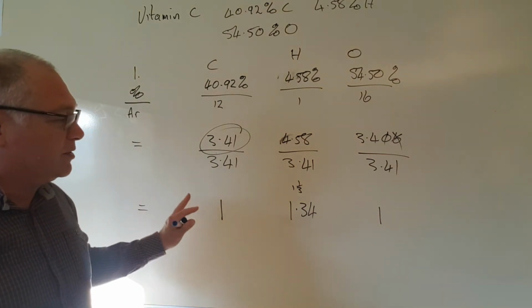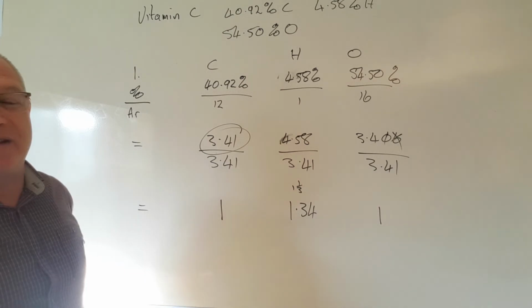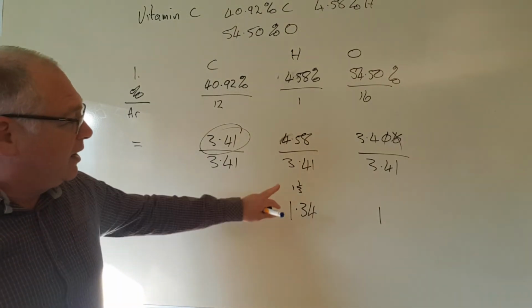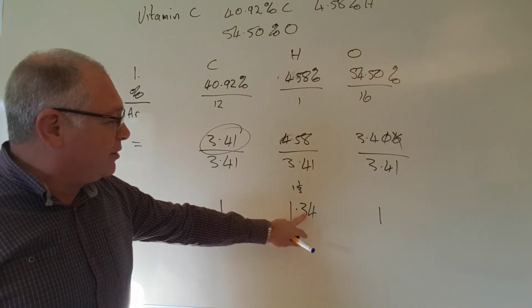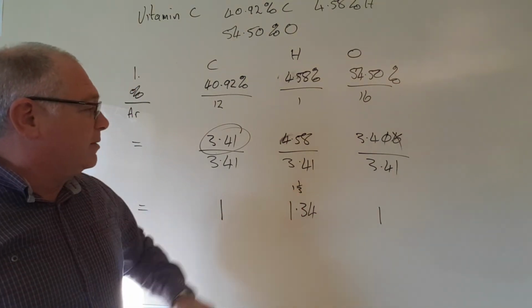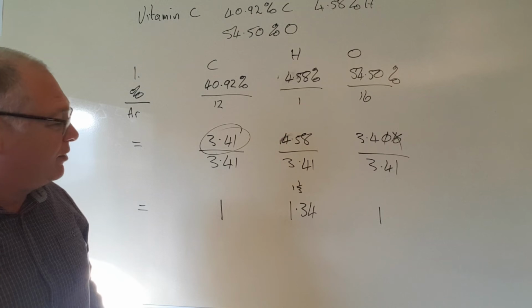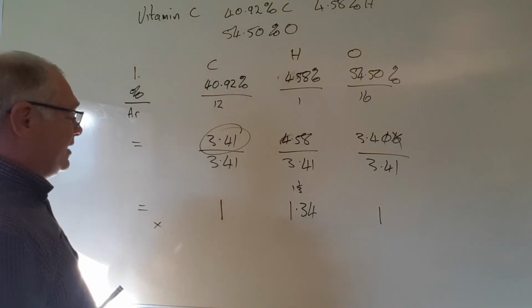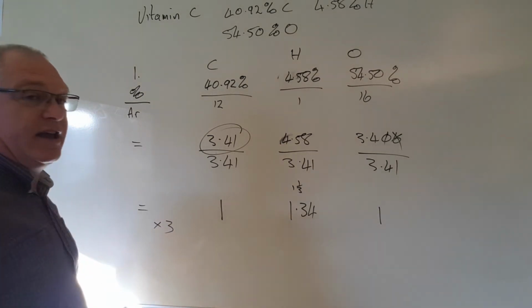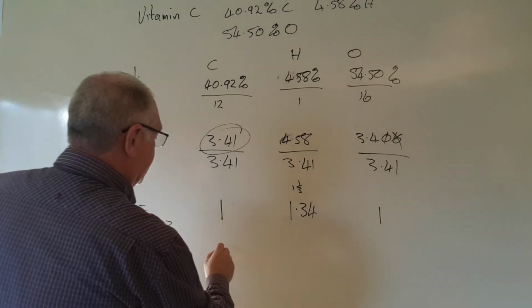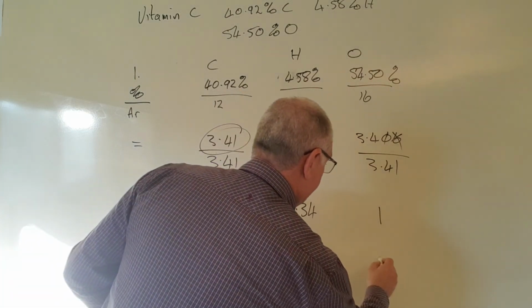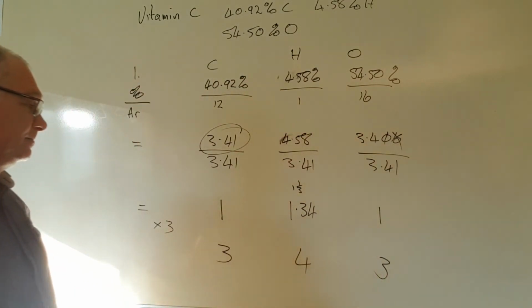So what we would do now is round to the nearest half or to the nearest third. And I'm going to say that that's pretty much a third. So I'm going to say that that's 1 1/3. So what I'm going to do is multiply by 3 to get whole numbers. So I'm going to end up with 3 to 4 to 3.